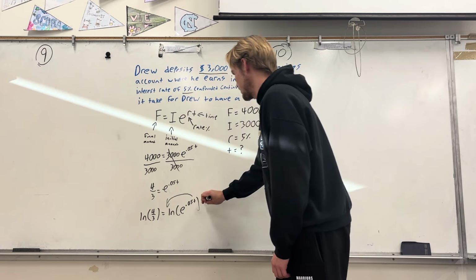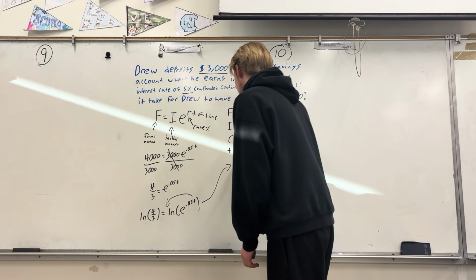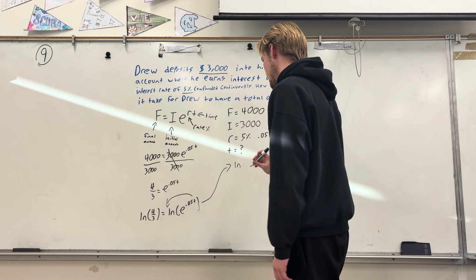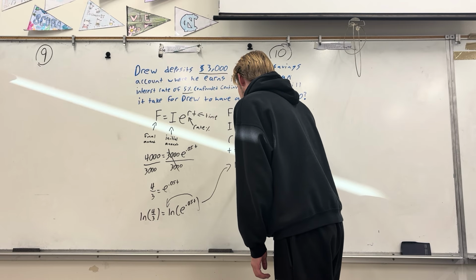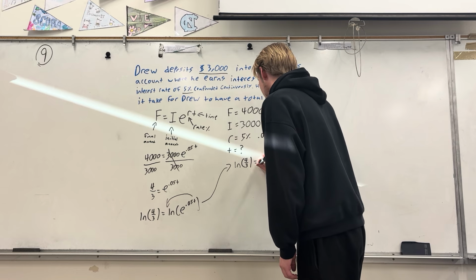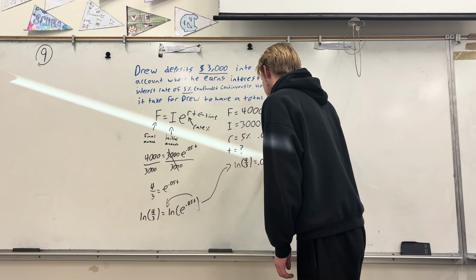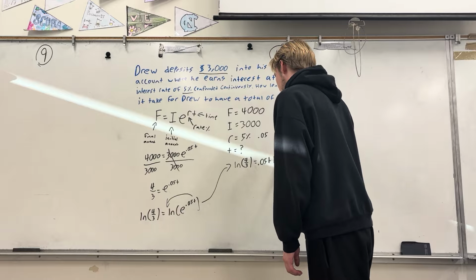And I'm going to move this up here now so I have more space. When we do this, we have ln of 4 over 3 equals 0.05 t times the ln of e.